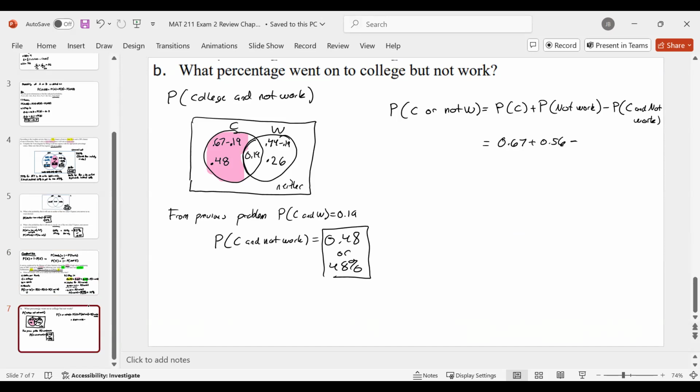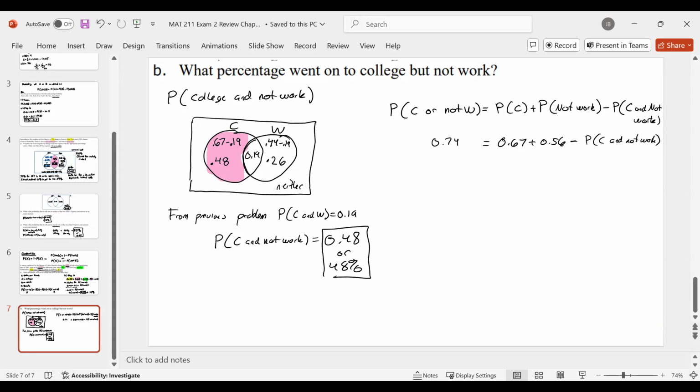And if I look at the Venn diagram, I could figure out what that is. It would be, let me add that up real quick. 0.93. So that would be 0.07. So add 0.07 to that, which would be 0.74. And then probability of college and not work, like that.